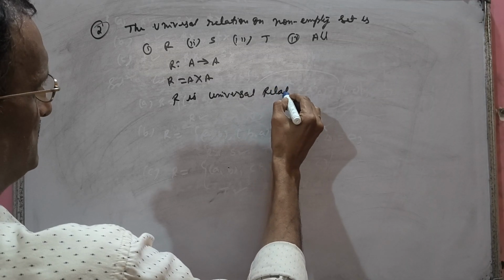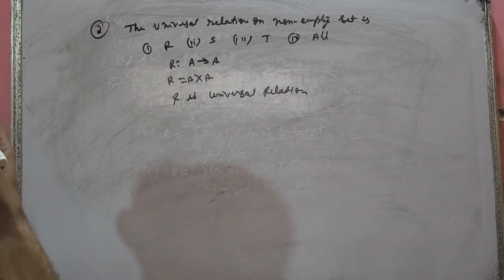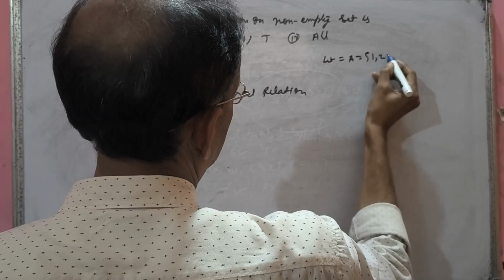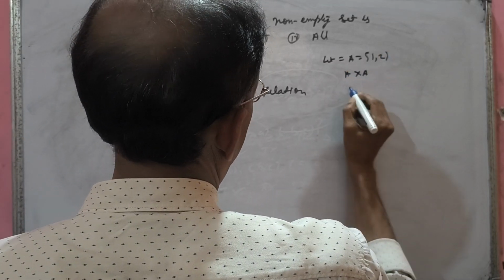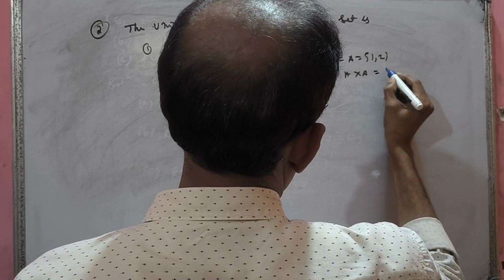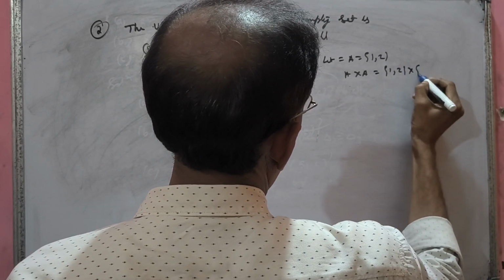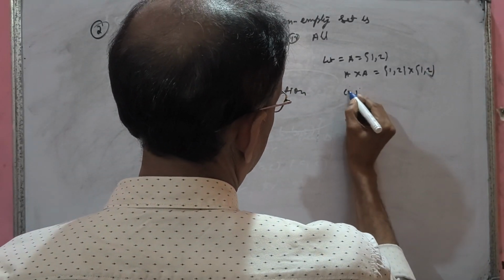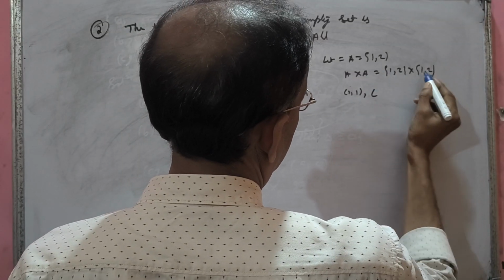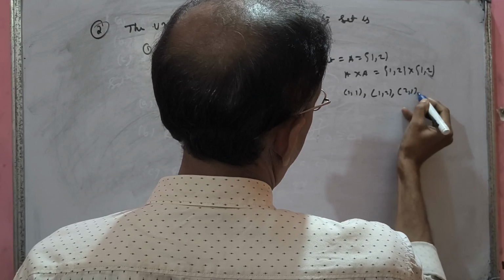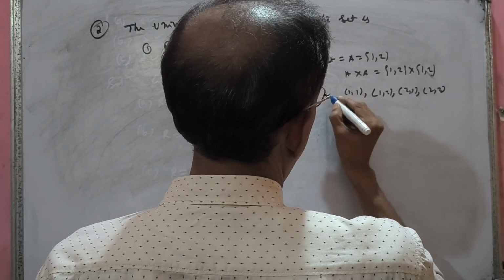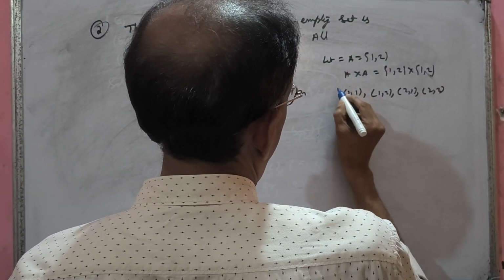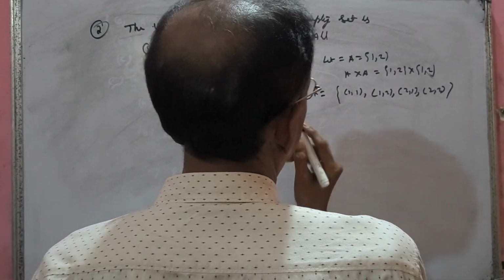The question I have given you, you need to practice it. Now see here, let A be a set with the elements 1, 2. Then A cross A: {1, 2} cross {1, 2} gives (1, 1), (1, 2), (2, 1), (2, 2). This is called the universal relation, no?